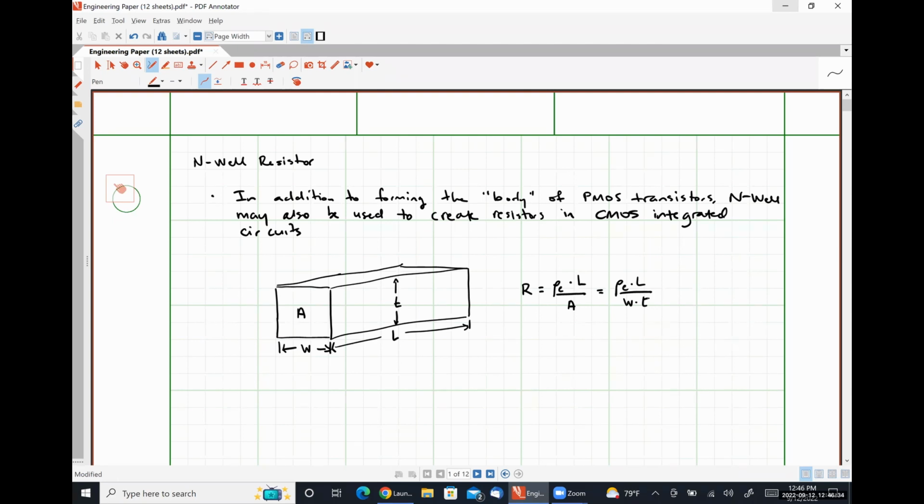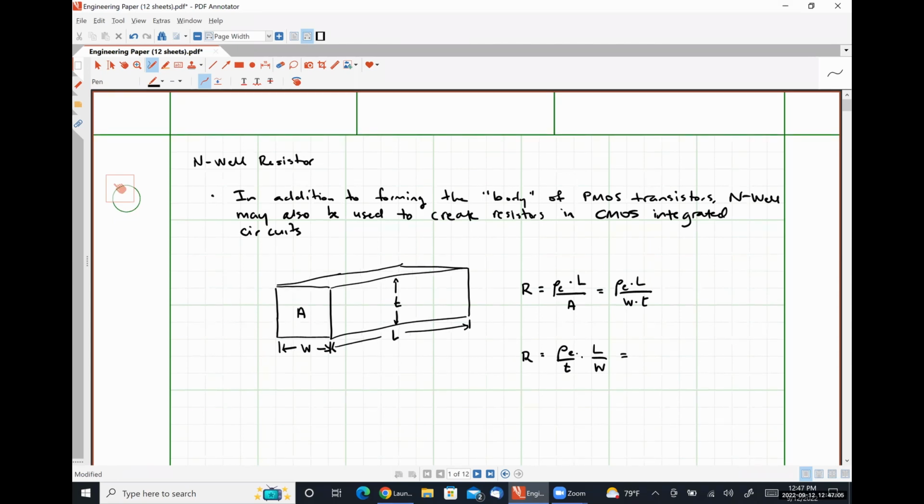So instead of dealing with resistance, we deal with what's called a sheet resistance. So effectively, we will have R equal to rho over T, which is going to be some constant value multiplied by a ratio that is the length over the width.